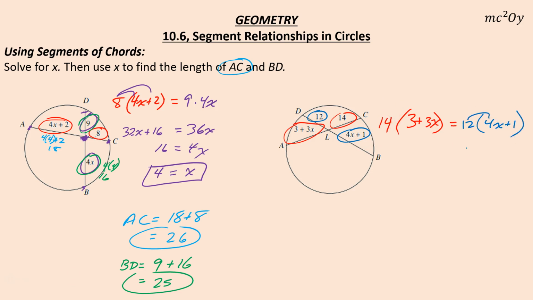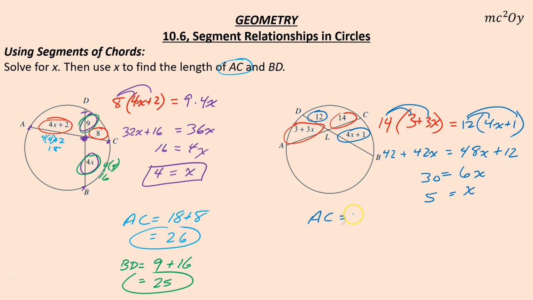Okay, so we get 48x plus 12 and 42, excuse me, 42 plus 42x. Combine like terms, we'll move the 42x over to get 6x. Move the 12 over to get 30. So 1x is 5.